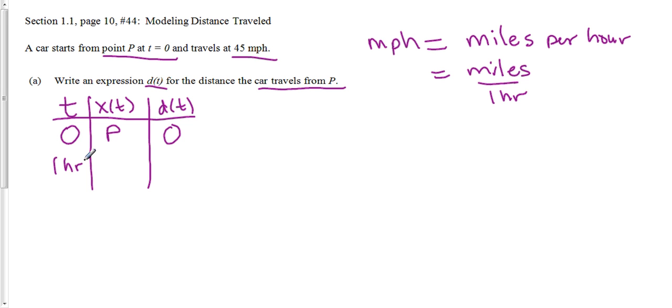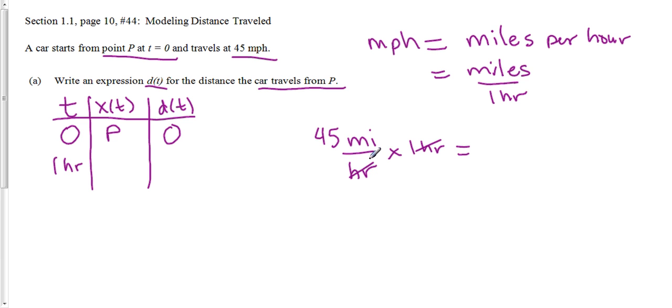And now we need to know where the car is going to be. Common sense is going to tell us that the car has moved 45 miles. But if you have a situation where you can't trust your common sense, we could actually use dimensional analysis. We have 45 miles per hour is our information about the speed of the car. And we know that our car is going to be traveling for 1 hour.